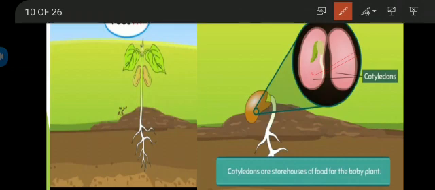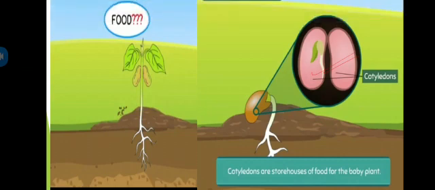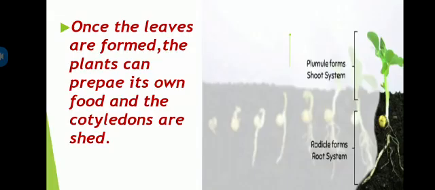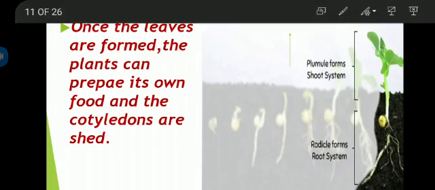So cotyledons are the storehouse of food for the baby plant, that is the embryo. So, as the seed germinates, the cotyledons provide food to the baby plant until its leaves grow. Okay. So once the leaves are formed, the plant can prepare its own food.